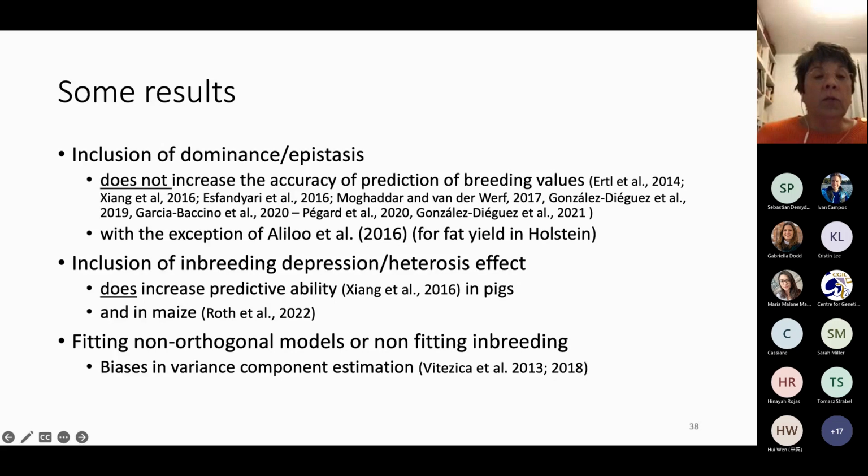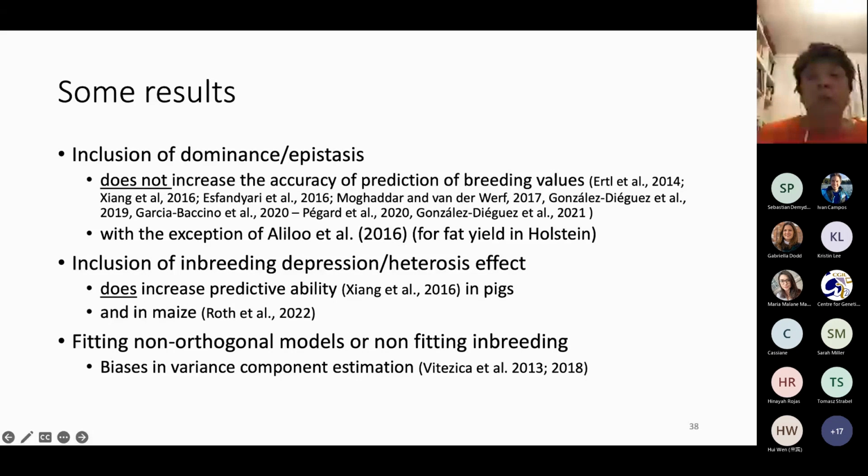The only exception is Aliloo in 2016, but it was in Holstein and for fat yield. As you know, we have the DGAT1 gene in this case, so it's a very special case. The other thing is that the inclusion of inbreeding depression increased the predictability of the model.